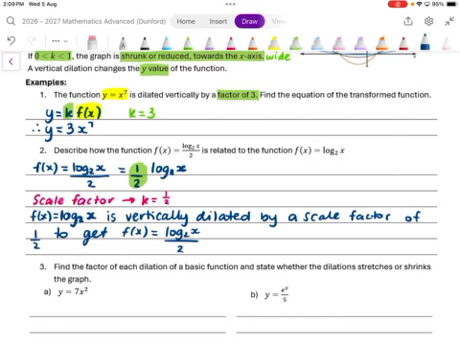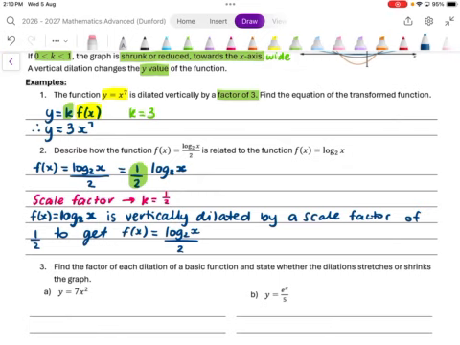Does that make sense? Whatever our value out the front of our function is, in this case our half, that's our scale factor, and that's what we've vertically dilated our parent function by.